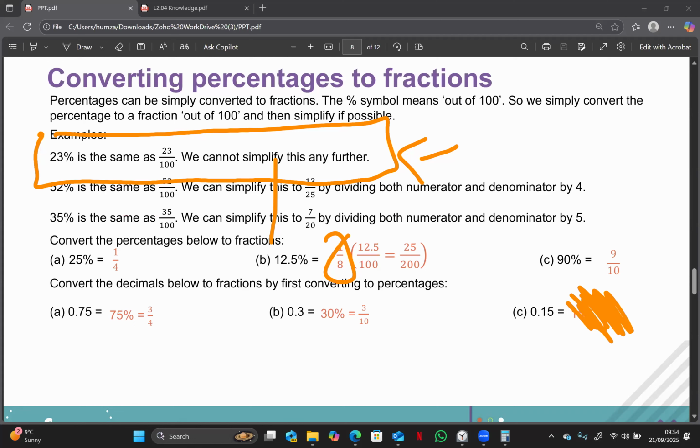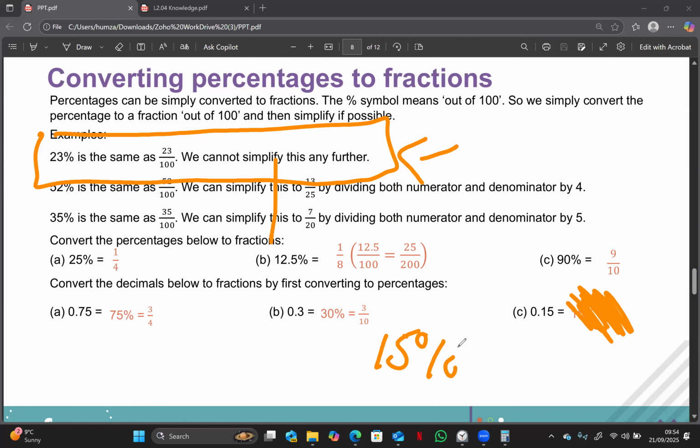Remember, whenever you see a point, you need to convert it into a percentage first. Times 100. And what's the answer? 15. Yes, so the answer is 15%.